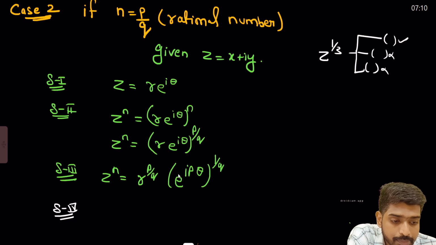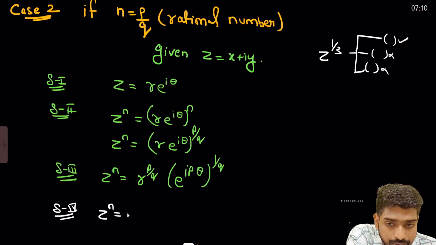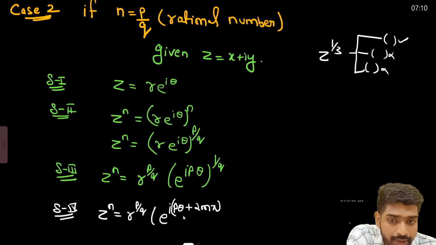Now the next step is to calculate this z power n. We got r power p by q and e to the power iota p theta, right? Here what I will do, in p theta I will add 2m pi. Got it? Then I will multiply this q inside by q.